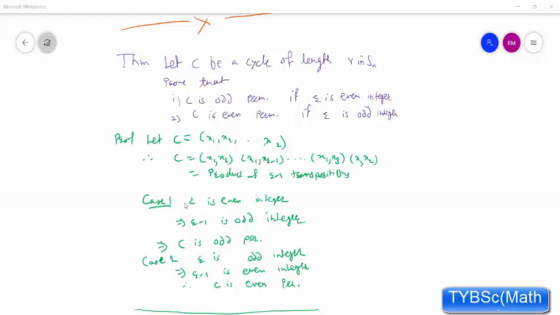So R minus 1 is odd, meaning C is an odd permutation, because these are R minus 1 transpositions. Similarly, in case 2, if R is an odd integer, then R minus 1 is an even integer, so the product is of an even number of transpositions, and C is an even permutation.